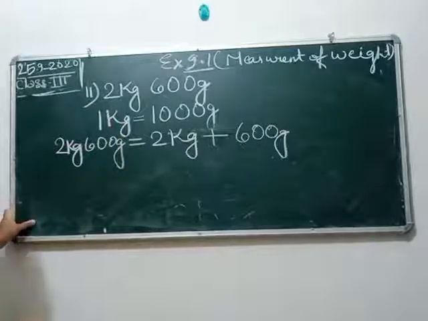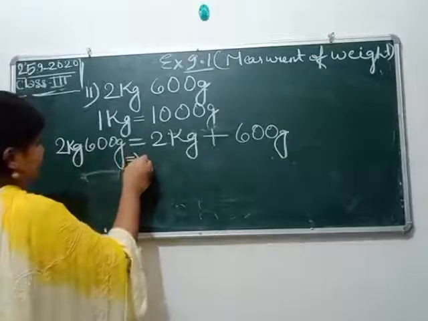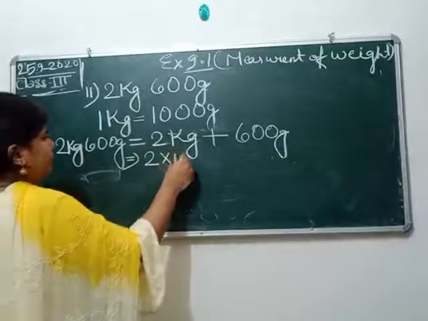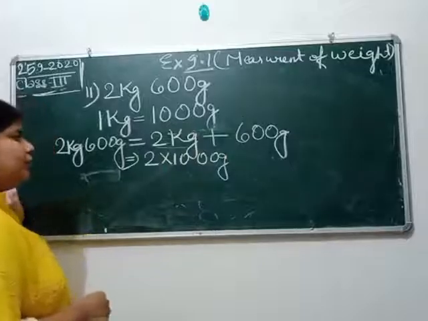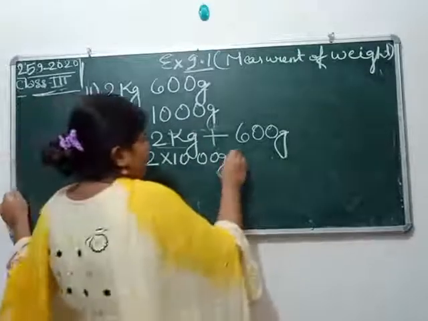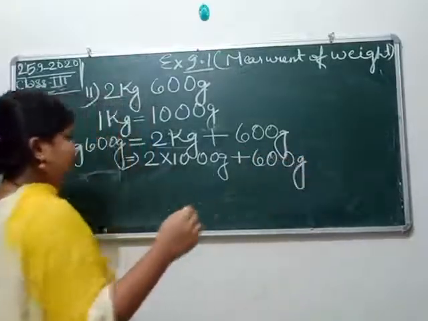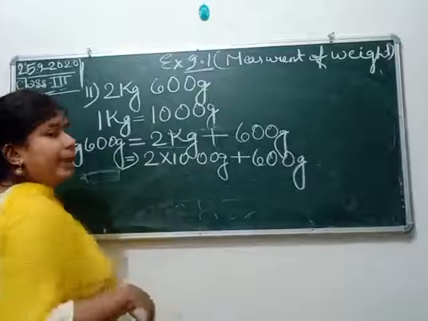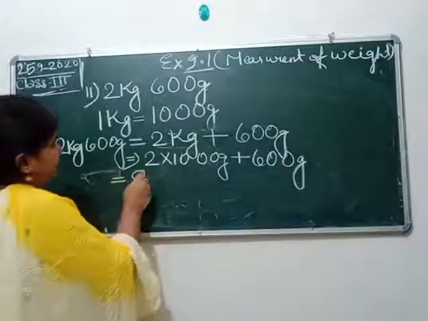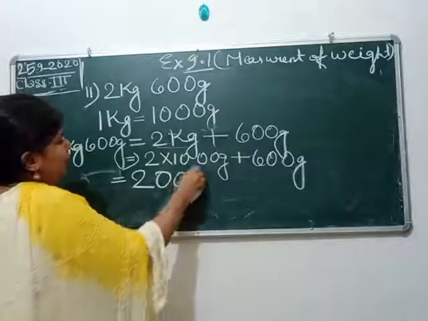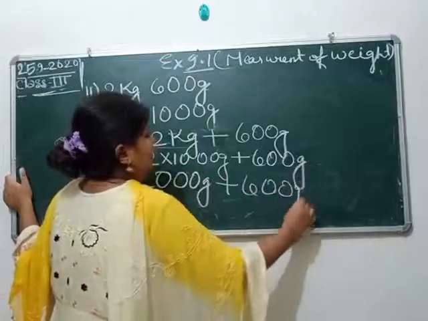Into 1000 gram, what we will do? We will convert this to gram. 2 into 1000 gram plus 600 gram. Now 2 into 1000 gram, how much will you get? You will get 2000 gram plus 600 gram.